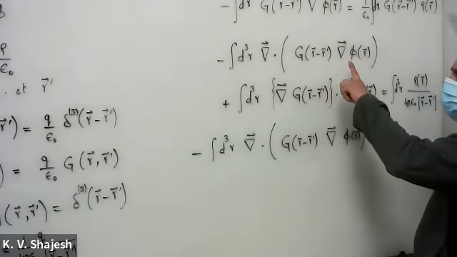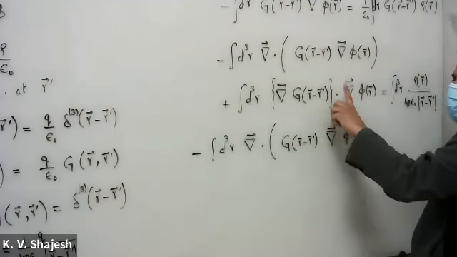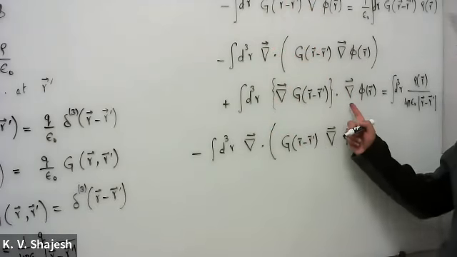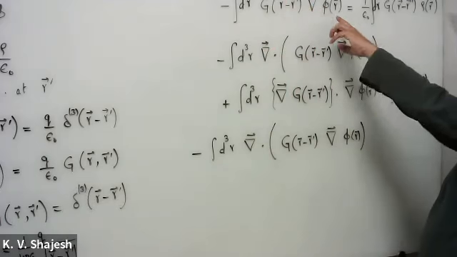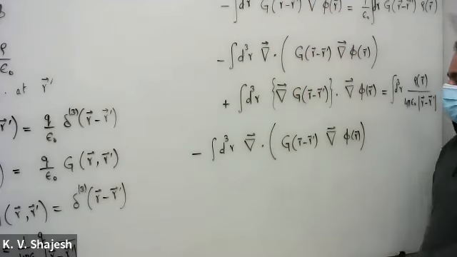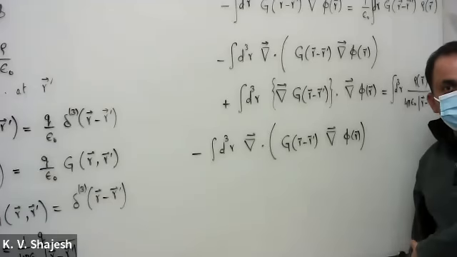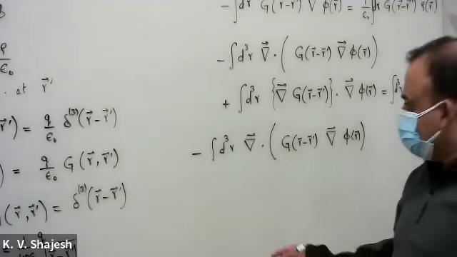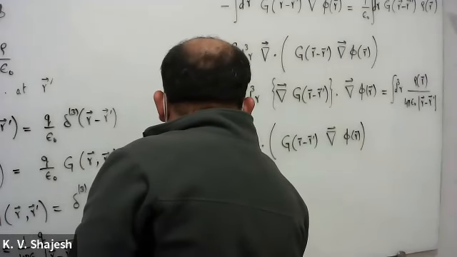First I moved one of the derivatives onto the right side. Now I move the second derivative also onto the g. Earlier it was acting on phi, and I'm moving it to the g. But then there is another differentiation by parts I have to do. There is another boundary, correct? So that's a second boundary there, but this time with a positive sign.